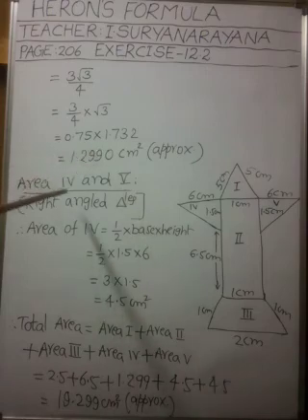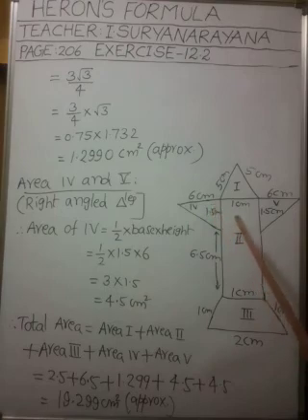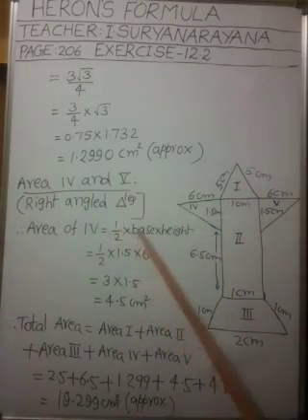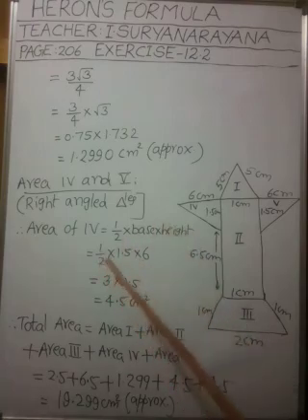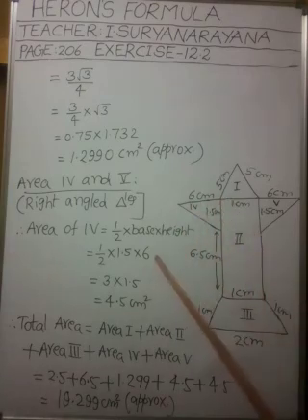Right. Now the areas of 4 and 5 are both equal. Both have the same area. These are right angle triangles, so we can use half into base into height to find the area of this right angle triangle. So area of 4 is equal to half into base into height. That is equal to half into, what is the base here? 1.5. 1.5 into height 6 centimeters.